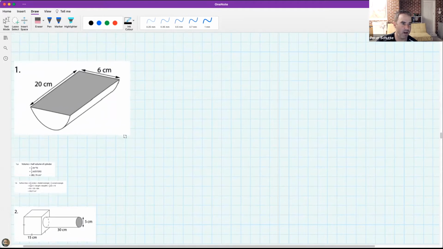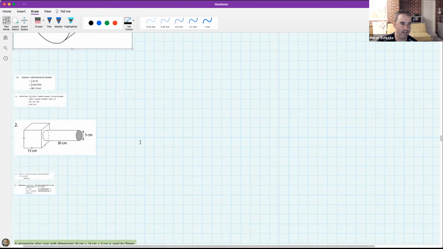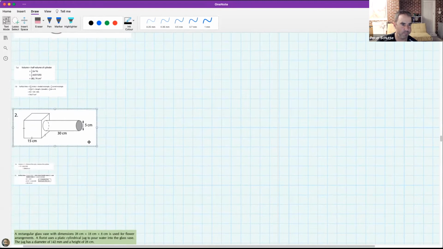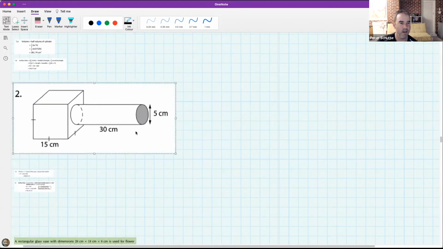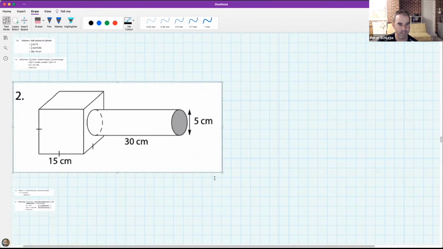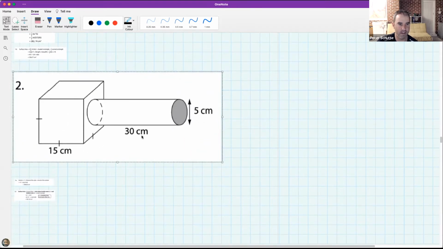Let's try, actually, let's not do this one. Let's do this one, and I think after this one we'll call it a day for volume. Find me the volume of this shape. And again, if you have a strategy that you think could be helpful here, put it in the chat, or maybe you can raise your hand.